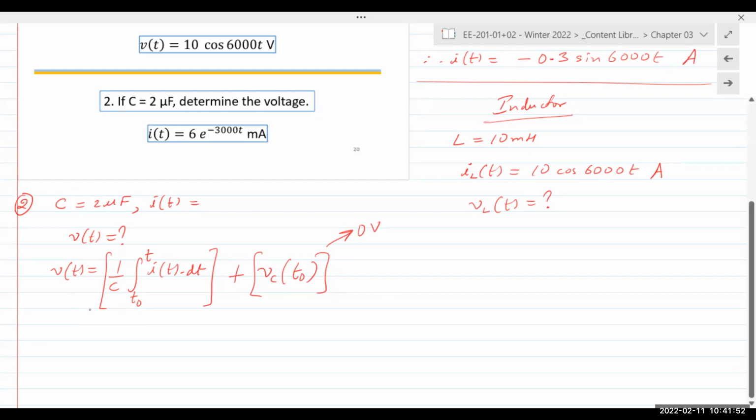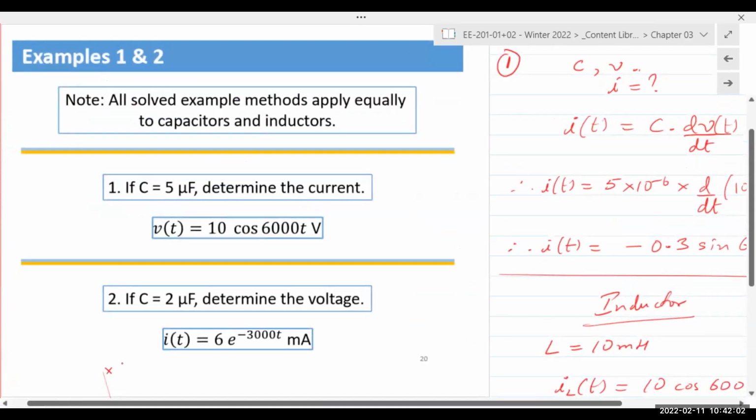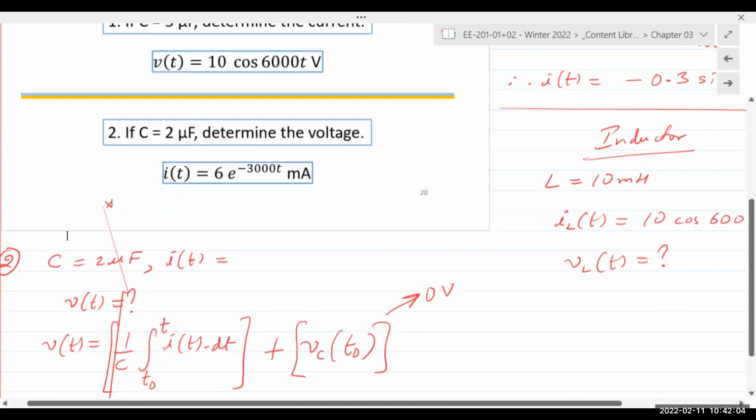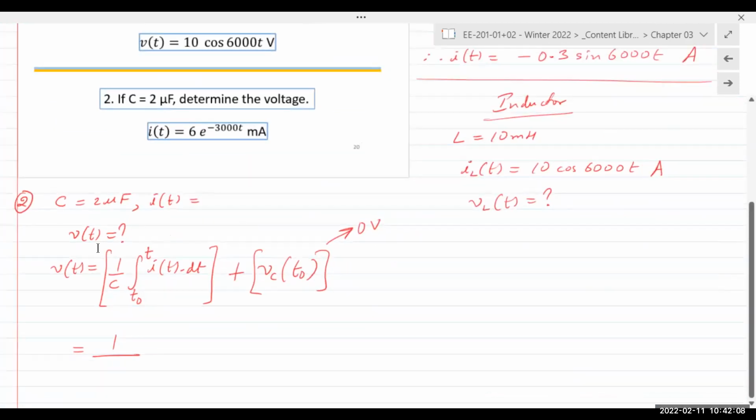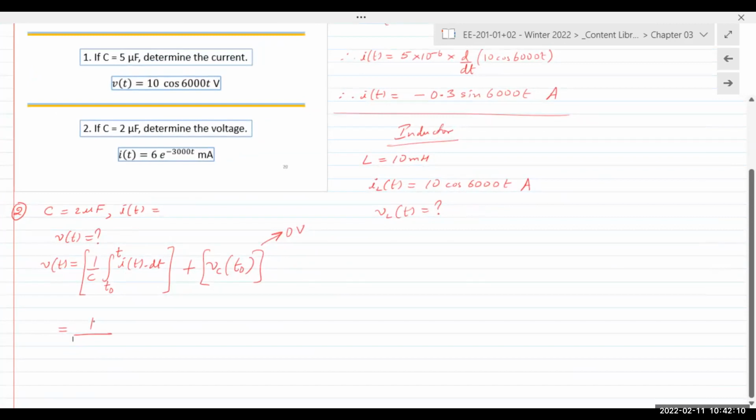Okay, all right, so V of t, we got 0 to t or t0 to t. We plug in our values. The capacitor is 2 microfarads.